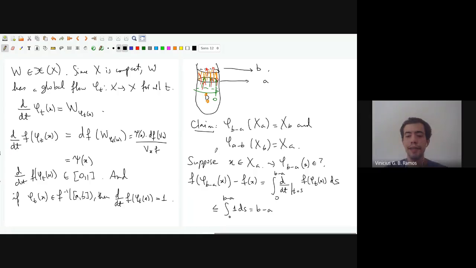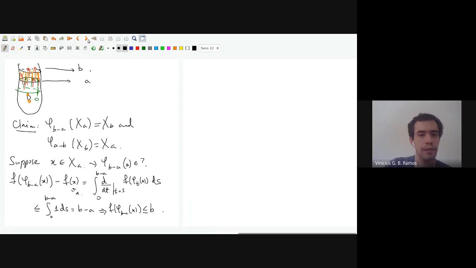So since x is in x_a, f of x is less than or equal to a. So this implies that f of phi b minus a of x is less than or equal to b. Okay, so we actually have that phi of b minus a of x_a is contained in x_b.